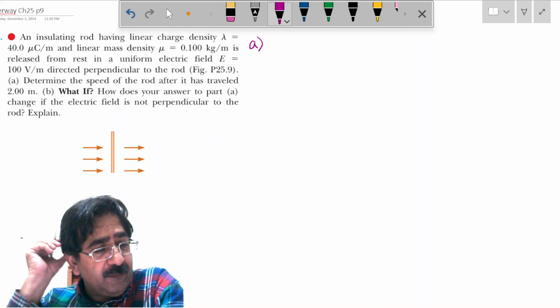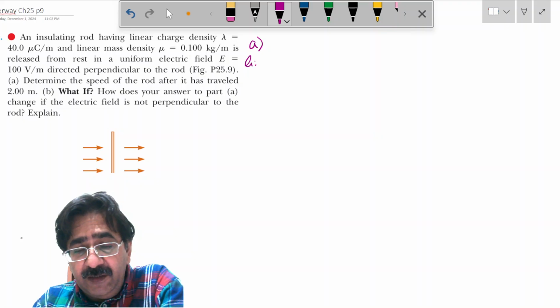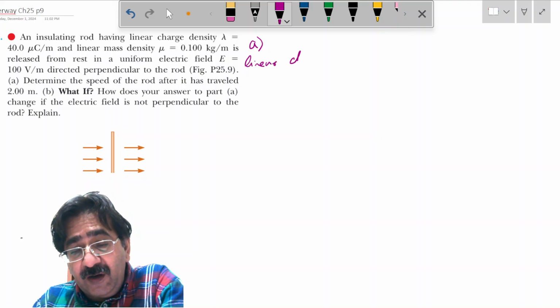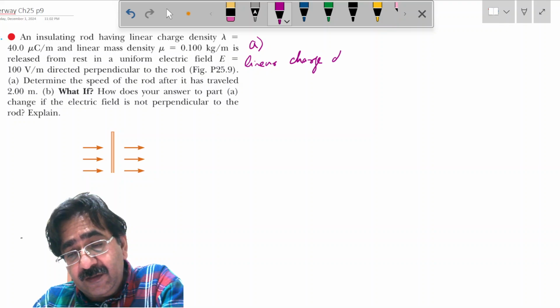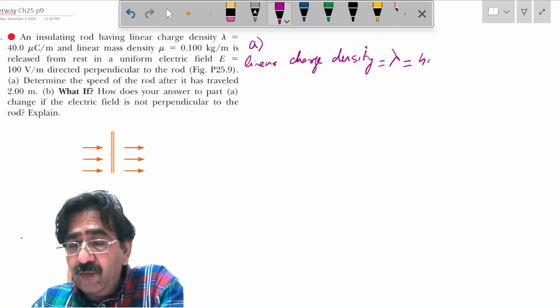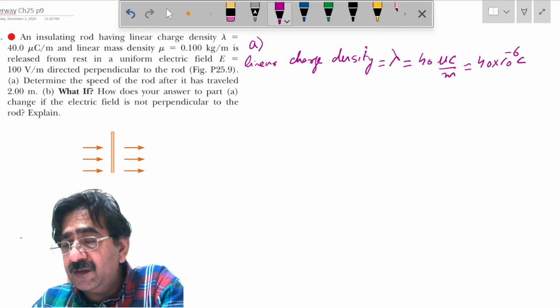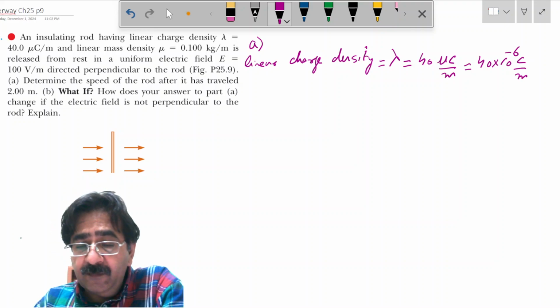Okay, let's start from the insulating rod having linear charge density. The linear charge density is given as lambda, and that is 40 microcoulomb per meter. 40 micro is 10 raised to power minus 6 coulomb per meter.